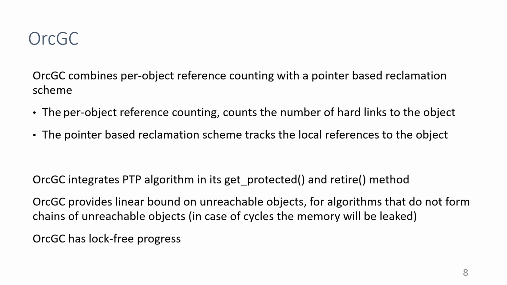OrcGC integrates PTP as its pointer-based reclamation scheme. It provides linear bound on unreachable objects for algorithms that do not form chains of unreachable objects. In case there are cycles of unreachable objects, that memory will be leaked.